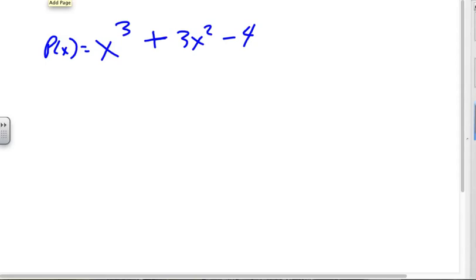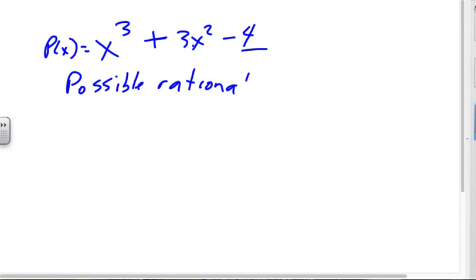This is a cubic, so the next thing I want to look and see is if I can factor an x out. You're not having x over here, so I can't do that. So if you can't do one of those two, then you come back in, and we're going to take a look at possible rational zeros and how you figure out what those are.